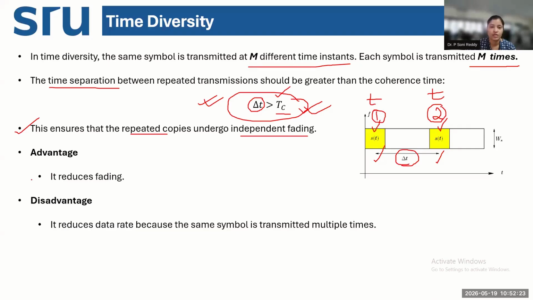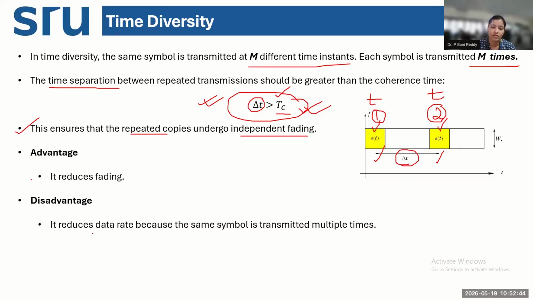So the advantage is that it is able to reduce fading effect by using diversity. How it is able to reduce fading, we will go through in the upcoming lectures. But overall, it is used for reducing fading effect because we are able to generate multiple copies which are independent of each other from the same source.